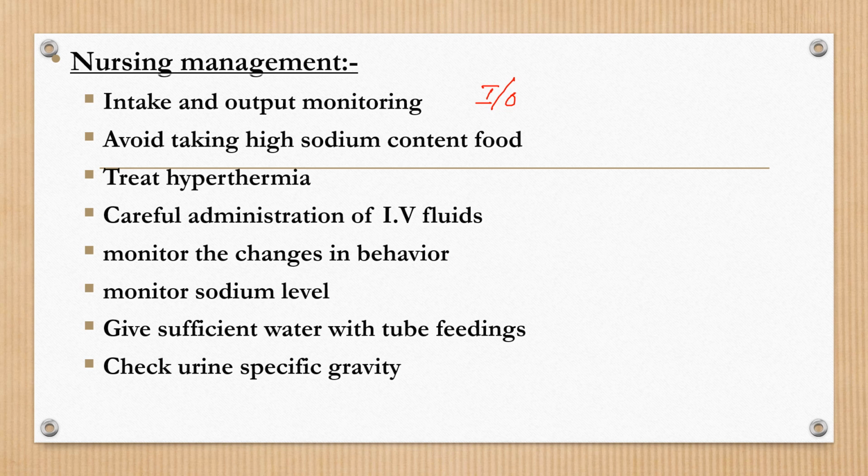Accidentally if we administer hypertonic solution, the patient ends up with increased sodium concentration again. Then monitor the changes in behavior, monitor sodium level, give sufficient water with tube feedings, and check the urine specific gravity. Whatever the clinical features or complications we can expect, all these things will be prevented through clear nursing management.